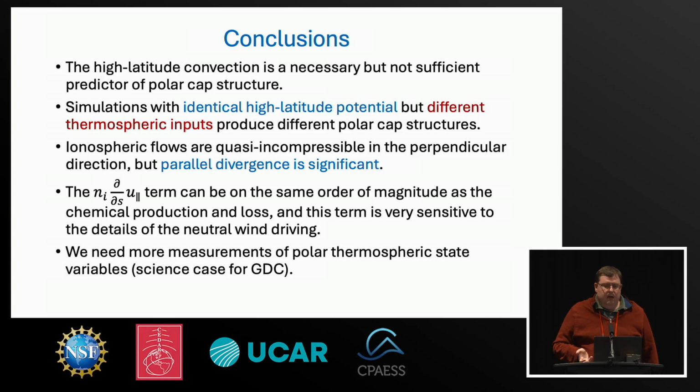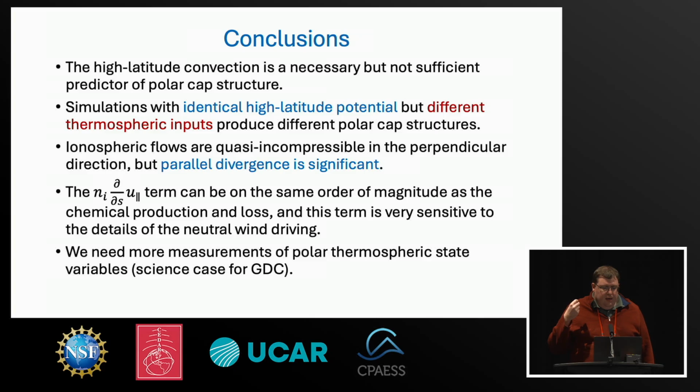It means that a specification of high latitude convection is necessary but not sufficient in order to predict the mesoscale structures that we're going to see in the polar cap. Simulations with identical high latitude potentials but different thermospheric inputs produce different polar cap structures.